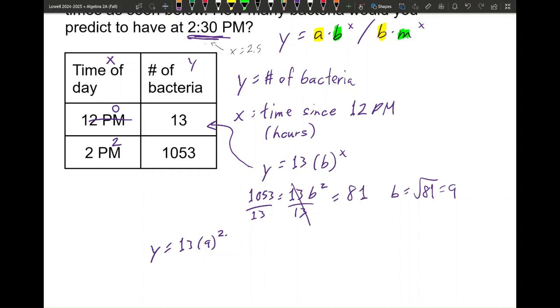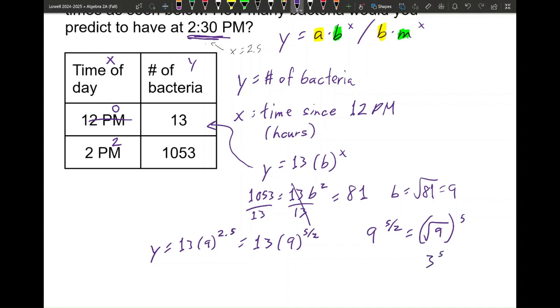So how am I supposed to do this? Well, if I have this exponent as a fraction, I would know what to do. So I'm going to convert 2.5 to 5 halves: 13 times 9 to the 5 halves. And now I know what to do, because 9 raised to the 5 halves is the square root of 9, raised to the 5th power.